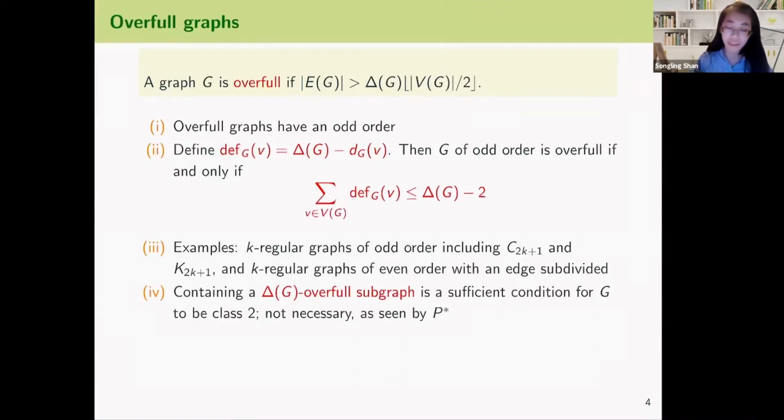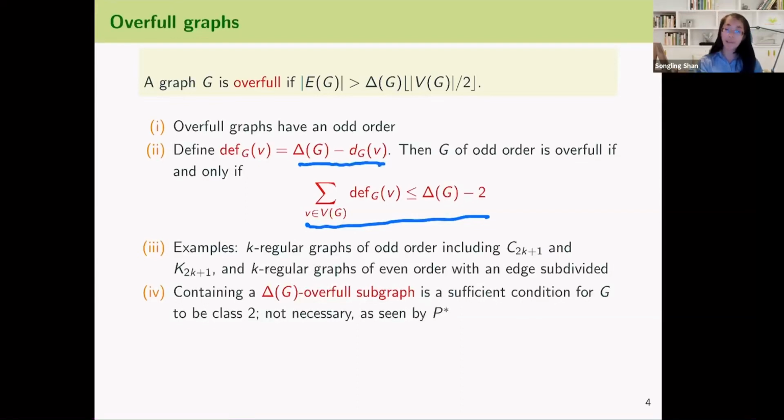And if we define what is called the deficiency of a vertex, which is the maximum degree minus the degree of this vertex in the graph, we call this the deficiency of the vertex v in G. Then we have an equivalent definition for a graph to be overfull. A graph G of odd order is overfull if and only if the sum of the deficiencies of the vertices is at most Δ(G) minus 2.